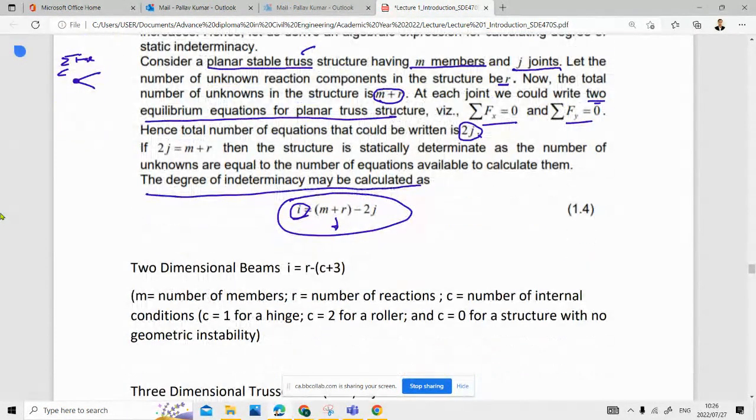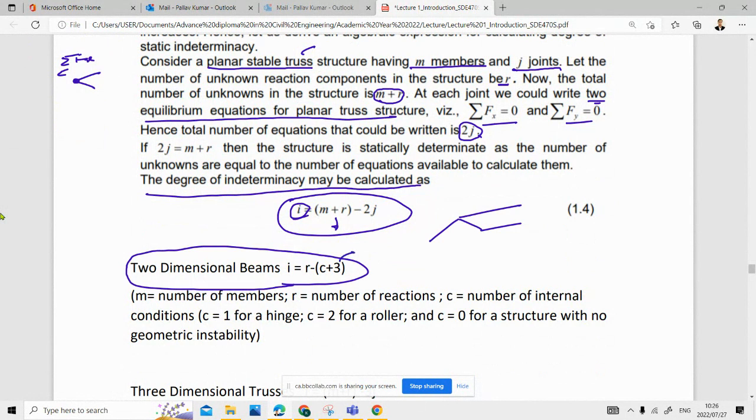So now this is two-dimensional, a planar stable truss where you just draw this planar. But if you have a beam, there is a little bit of criticality, because in a beam you have three forces available, right?